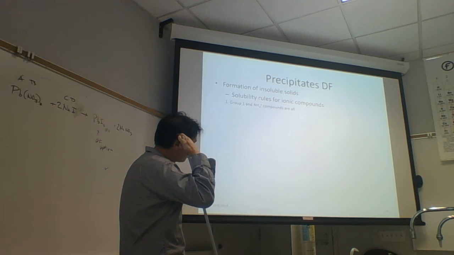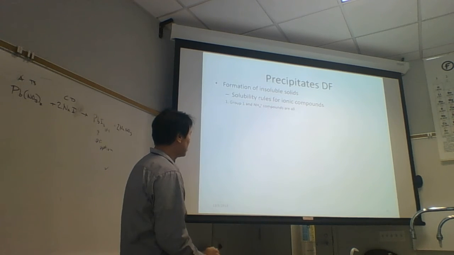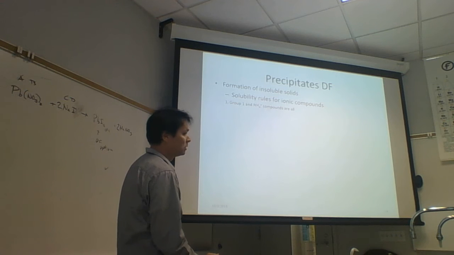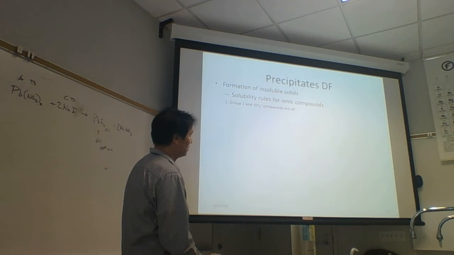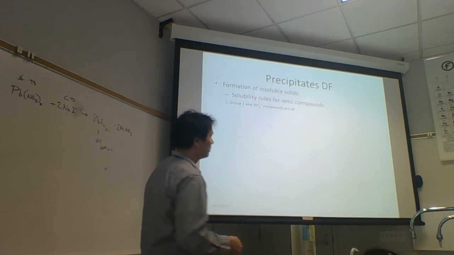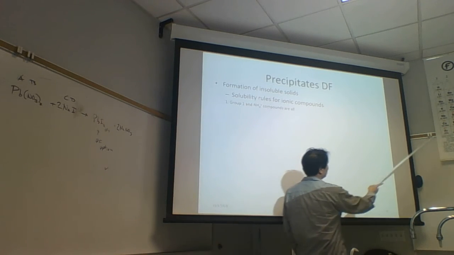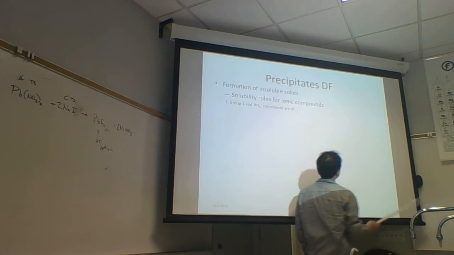If it's not any of those, then we look at hydroxides. Hydroxides, however, are mostly insoluble. So hydroxides are insoluble except for group 1, NH4, calcium, strontium, and barium. We'll go in the order of the list here.